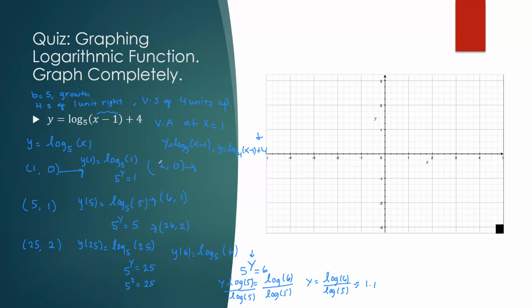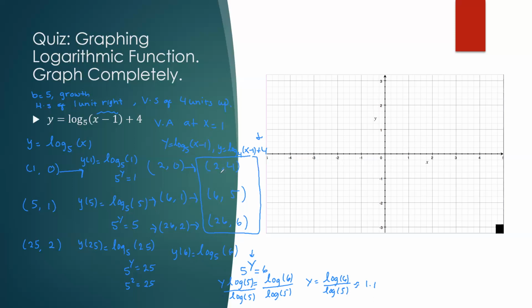So start with the previous points: (2, 0) will now be (2, 4). (6, 1) will now be (6, 5). (26, 2) will be (26, 6). Okay, so those are your 3 points, and go ahead and plot it.